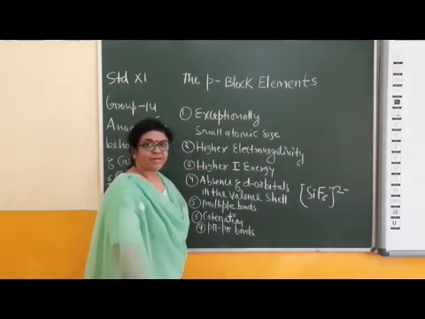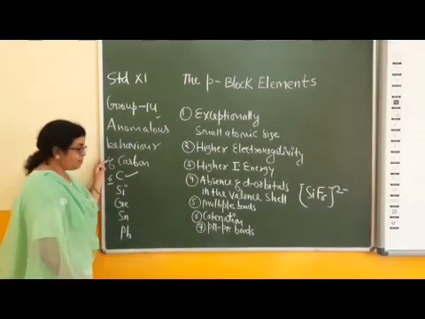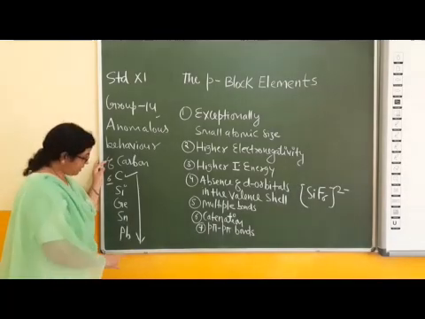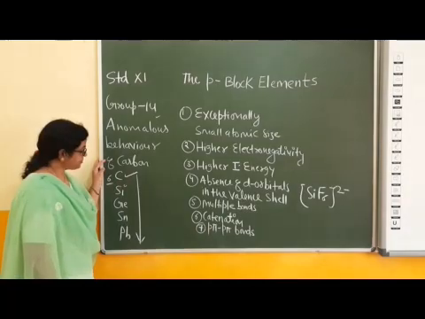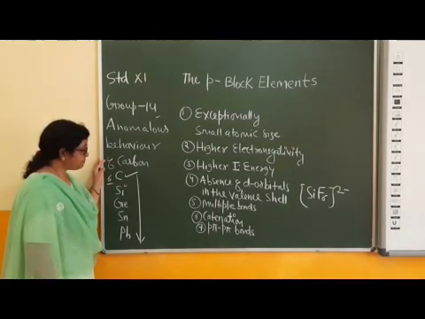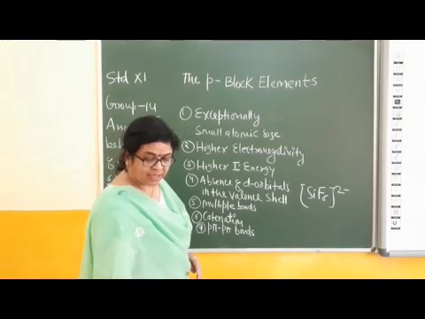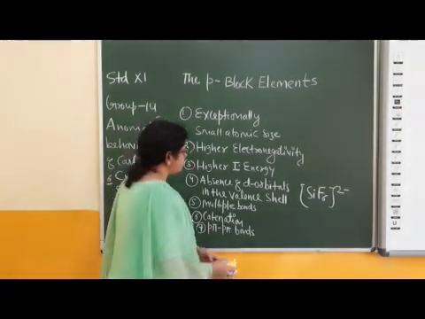What is the next feature of carbon? Carbon is a non-metallic element. Metallic character increases on moving down the group: lead is metallic and carbon is non-metallic. Next, a unique property: hydrolysis of the halide of carbon is not possible, like carbon tetrachloride.